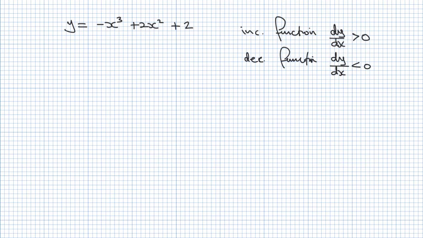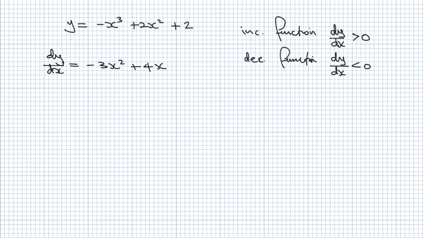So first of all, obviously, based on this only, you have to find dy dx. You don't have a choice. So dy dx, actually you do have a choice. You can plot it on a graph and then check it out there. Anyway, dy dx will be minus 3x squared plus 4x.